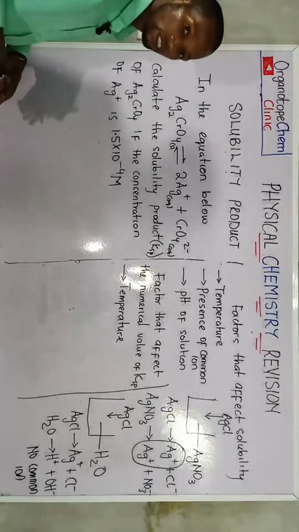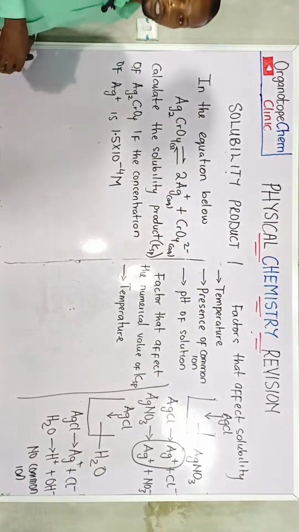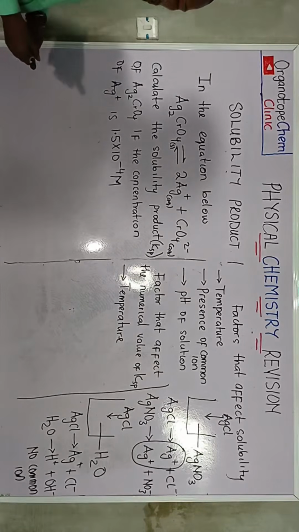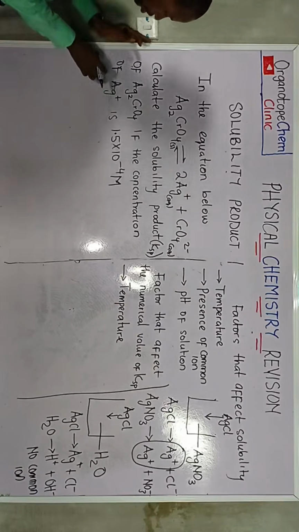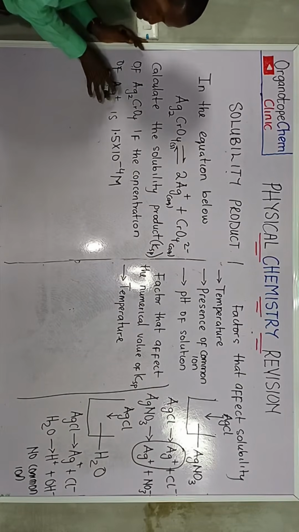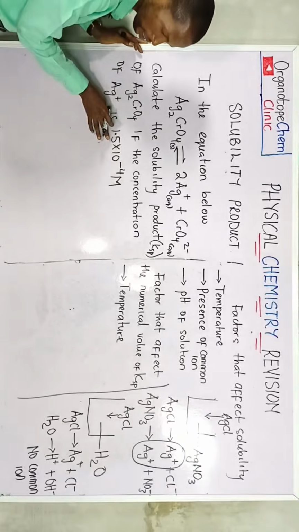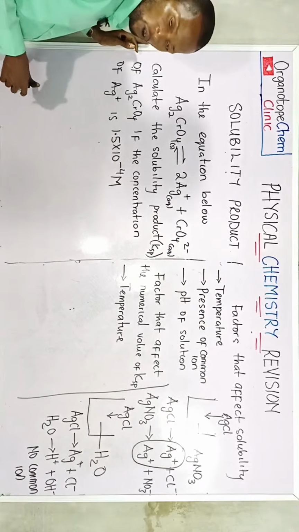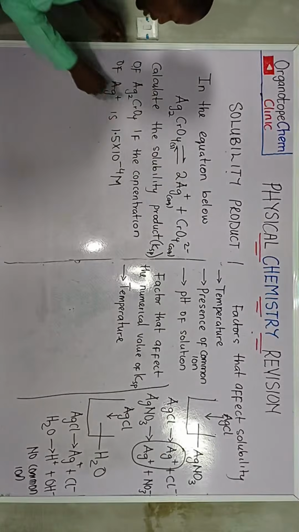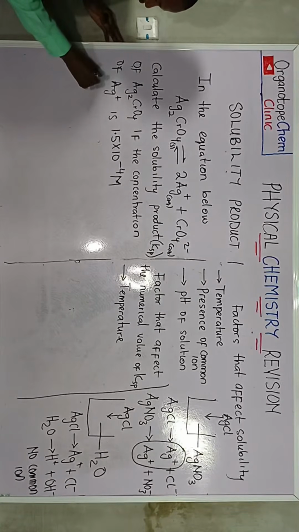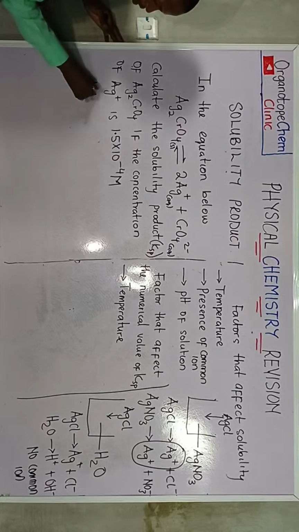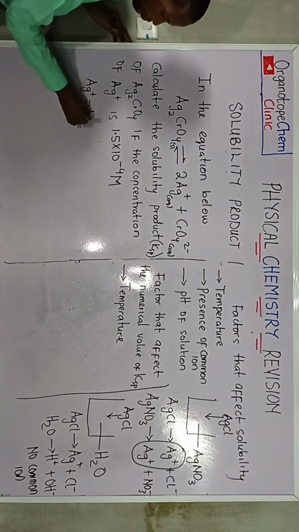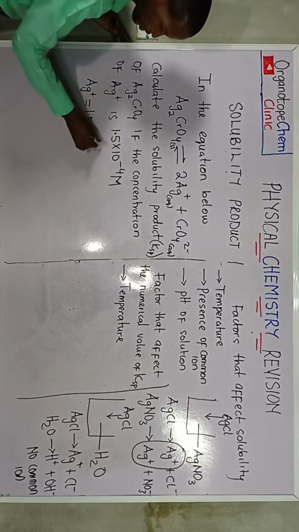All right, I will need you to do the calculations for me. You press your calculator because I'm not with a calculator right here. So we've seen that the silver ion has the solubility 1.5 times 10 raised to power minus 4. Now from the expression right there, we have Ag+ equals 1.5 times 10 raised to power minus 4.